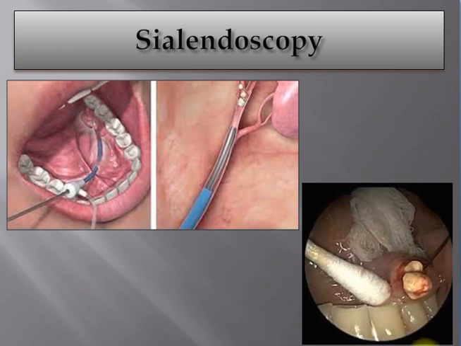And you can see on this slide a type of sialendoscopy, and that is, of course, transoral endoscopy. If the stone or stones are near the duct orifice, of course it can be easily done without any complications.